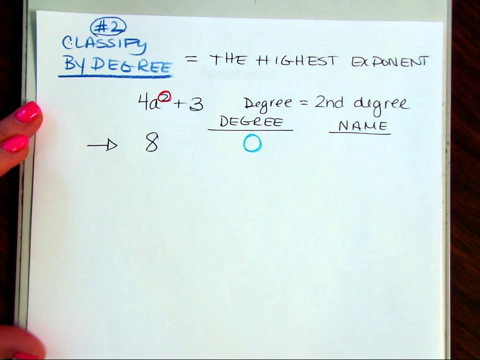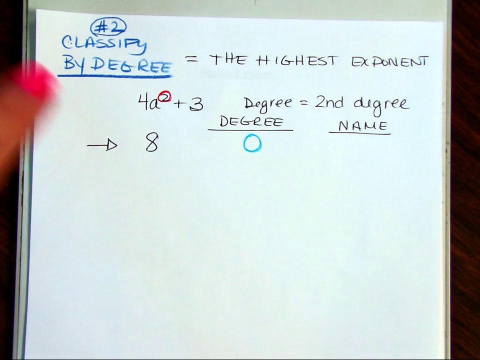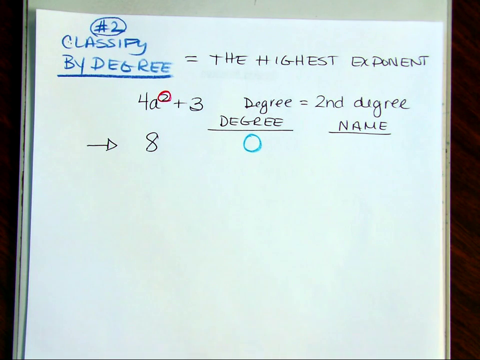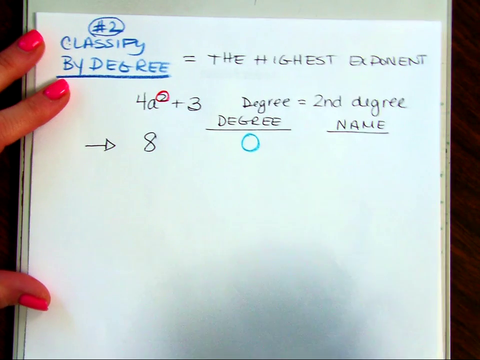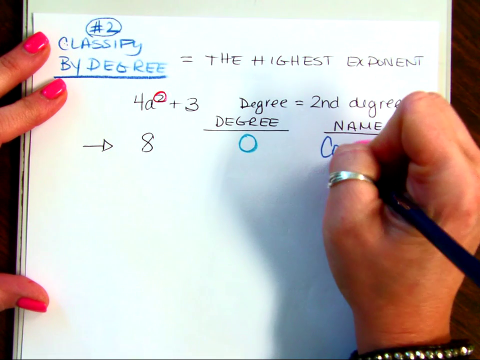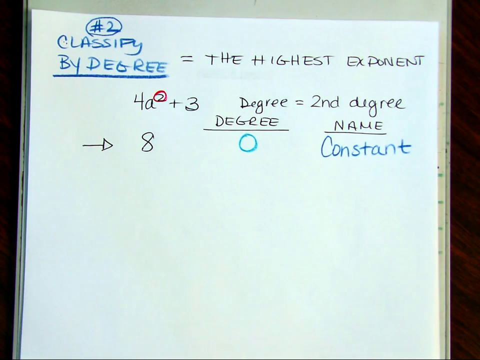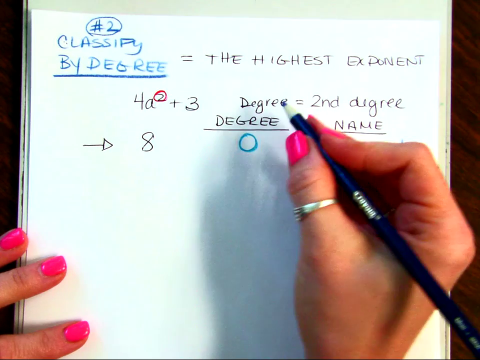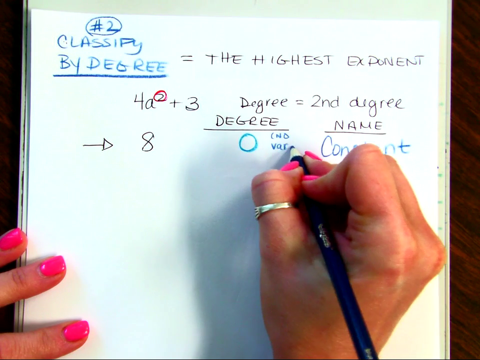If it doesn't have a variable, in this particular example for classifying, it doesn't have an exponent. So this is a constant, and that's what we call it. So it has a degree of 0, and here's why. There's no variable.